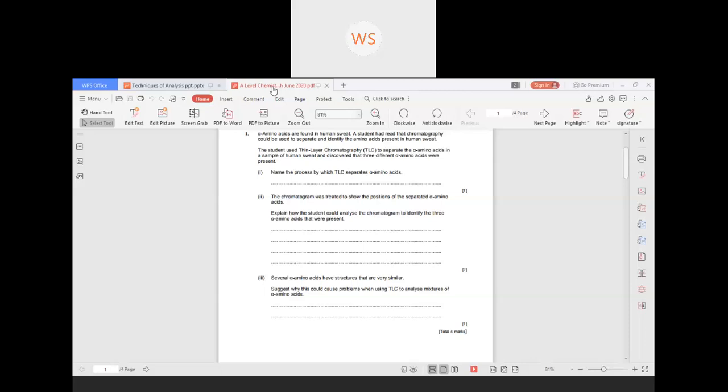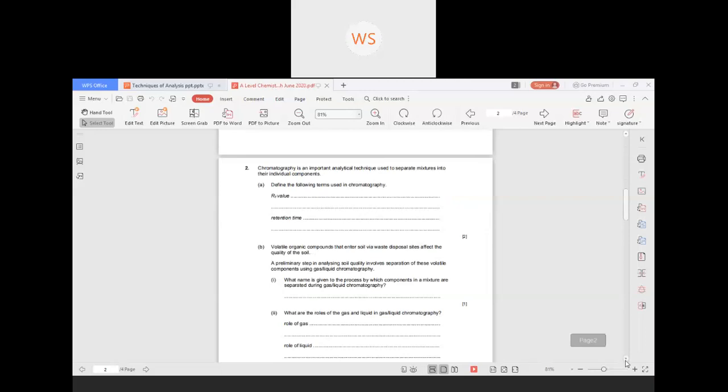We know that from the data booklet. When we check the data booklet, there are some amino acids considered to be non-polar. So when non-polar with non-polar, they give the same response. So it's quite difficult.